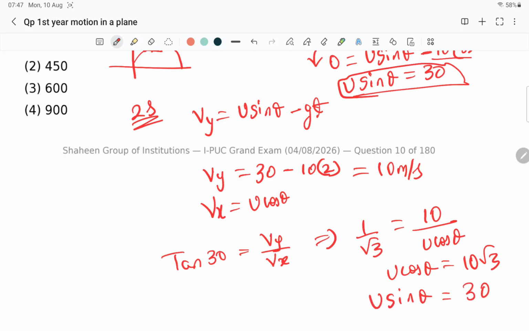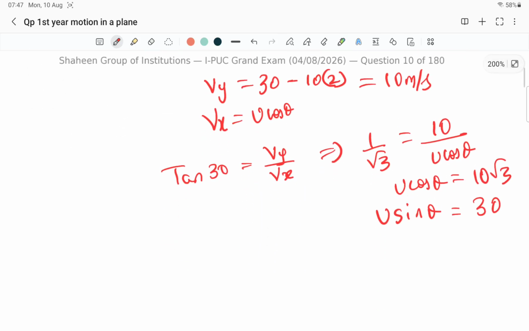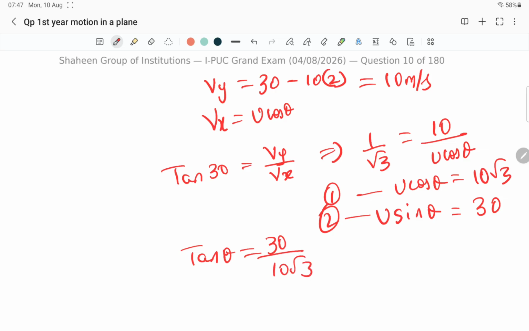Once you get that, when you divide these two equations, sin by cos gives tan theta equal to 30 by 10 root 3. The 3 can be written as root 3 times root 3, so this and this get cancelled. Tan theta is root 3. That happens when theta is how much? 60 degrees. Theta is 60 degrees.